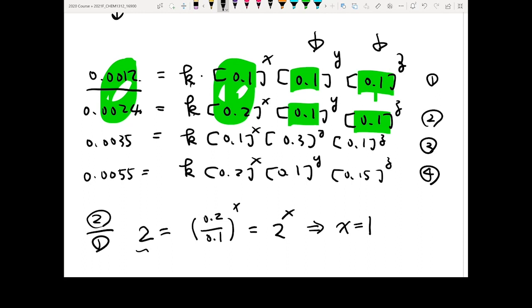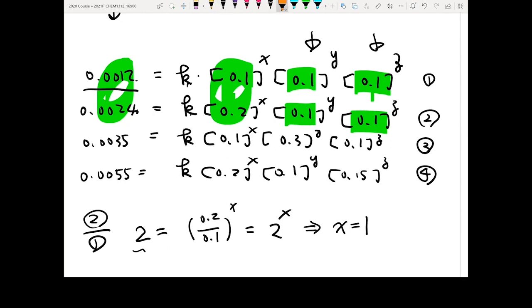So now if you want to solve for y, you want to keep the concentration of x the same, z the same, right? So which two equations do you need to use? 1 and 3, right? So in 1 and 3, the x is 0.1 in both, and z is also 0.1. The only thing that is different is your y.